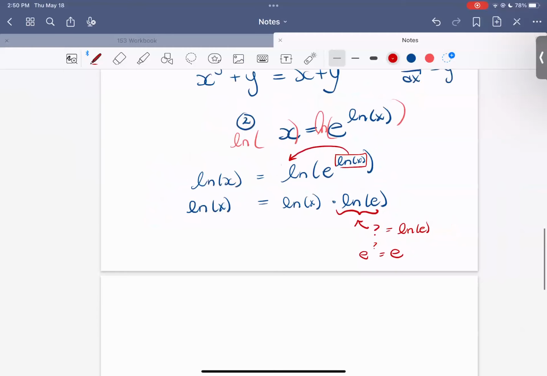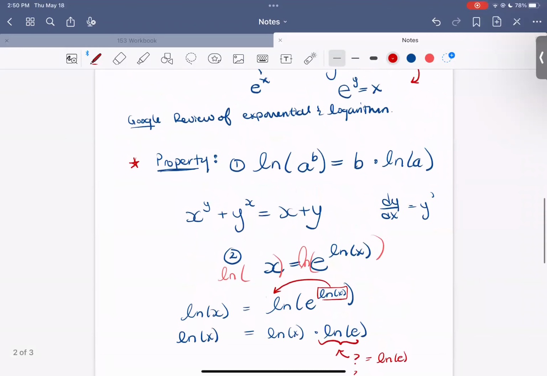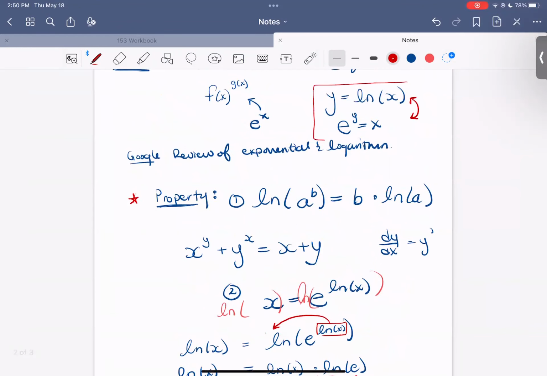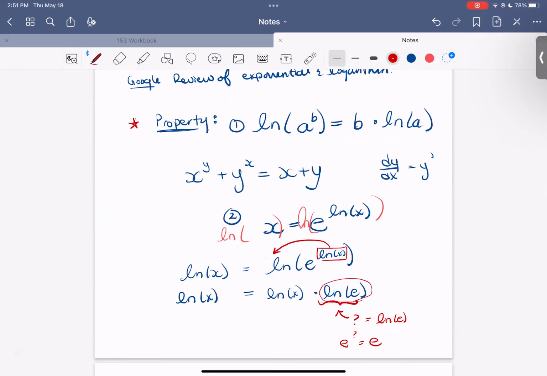Well, that's our definition of the natural log. So for the natural log, the input is the answer, the output is the exponent. So if we want to know what the output is here, that is equal to whatever exponent we put on the e to output e.